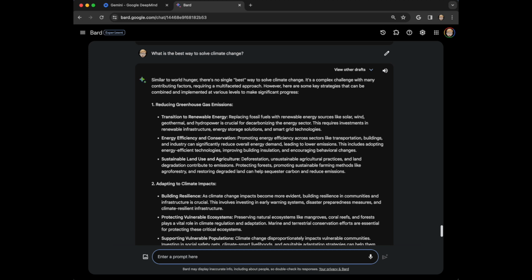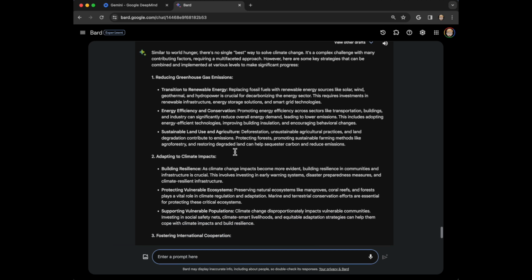It's not just answering the question, it's recognized, similar to world hunger, in that I asked it about that in the previous question. It's kind of linking that previous question to this new question, and then providing the details around ways that key strategies can be combined and implemented at various levels.